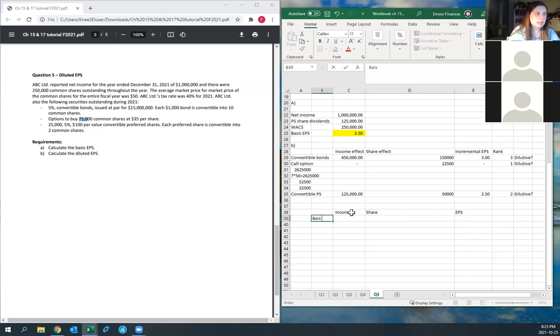So the basic EPS, or the income, I'm going to put here, income available to common shareholders. So what we had here for the basic EPS was 1 million minus 125,000 of dividends. And then the number of shares were 250,000. So the EPS was 2.5. Then we go and we look at our rank 1, it was call option.